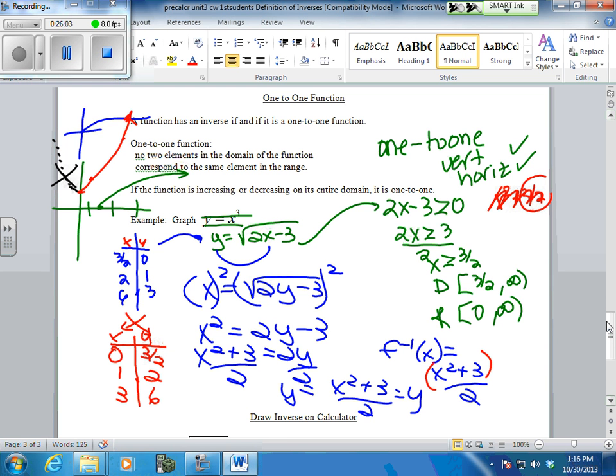So we're going to finish this rule. The rule says interchange all the x and y's. This domain becomes this guy's range. This range becomes this domain. So we kind of have to restrict our domain to this. Isn't that true? From 0 to infinity?